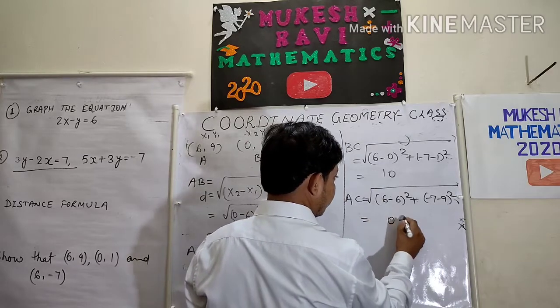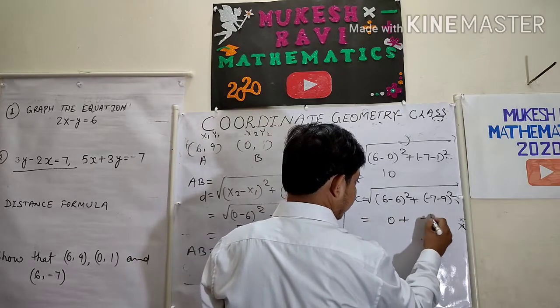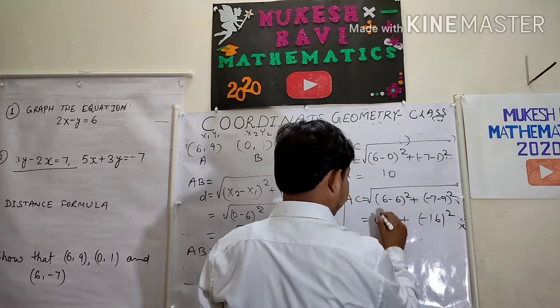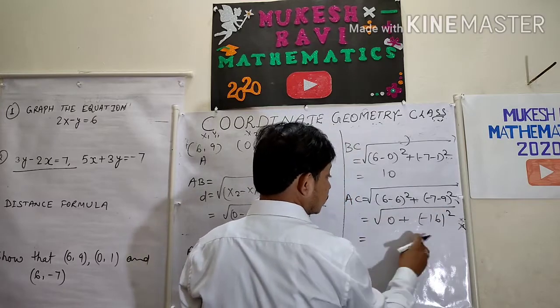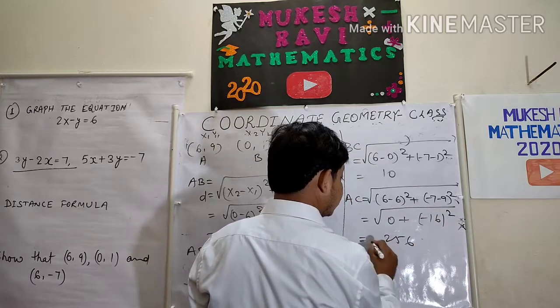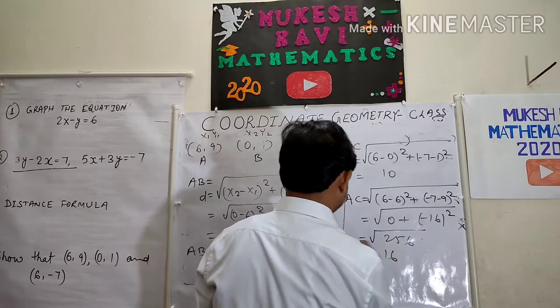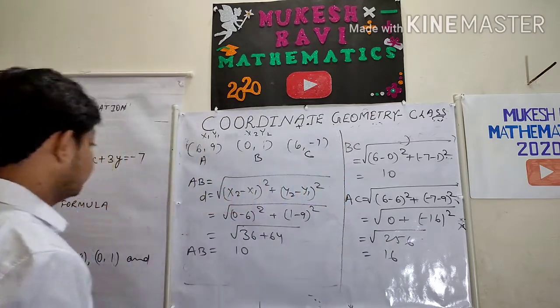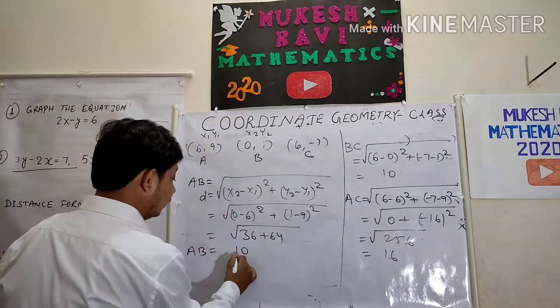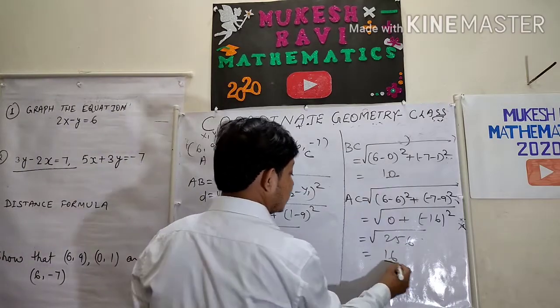This is 0 plus 256, so that is 256. This is 16. Now you check what here. This is 10, 10 and 16.